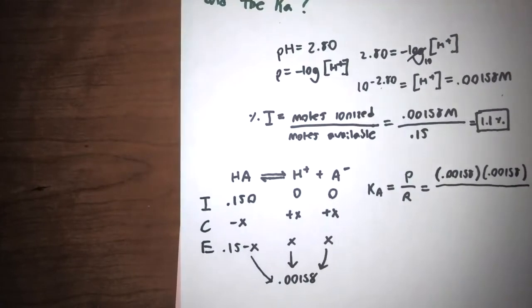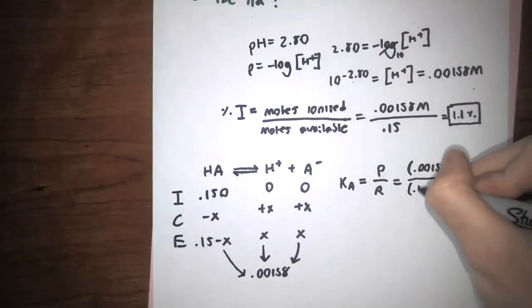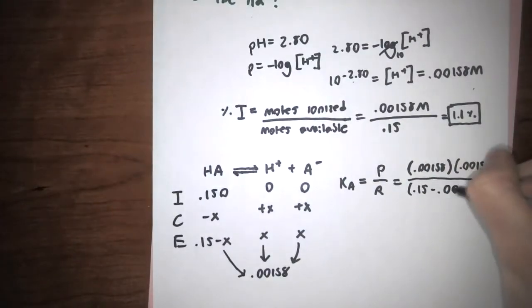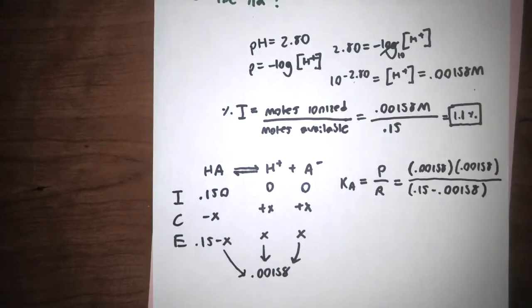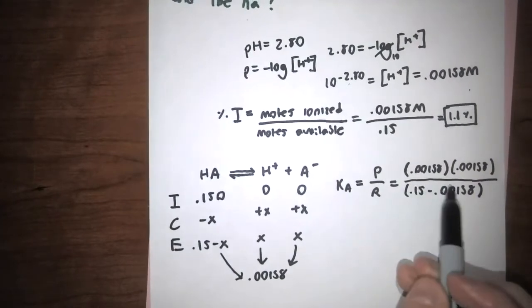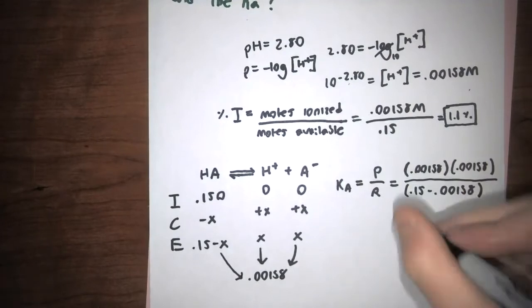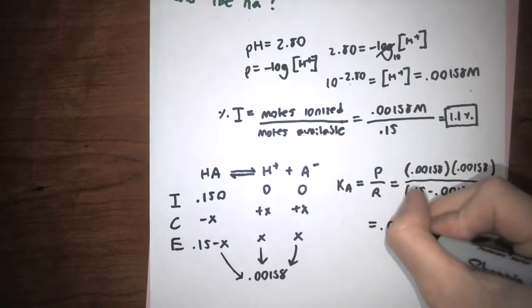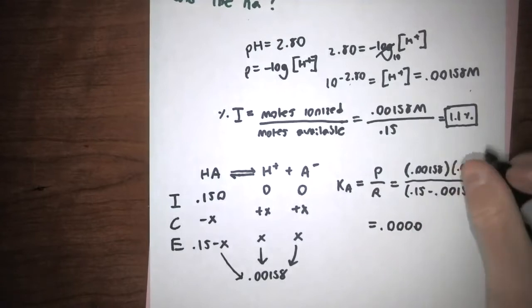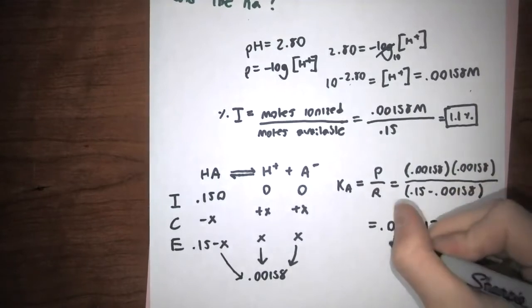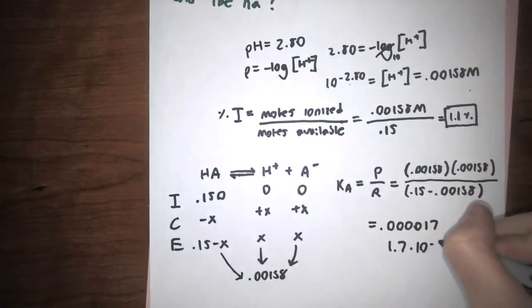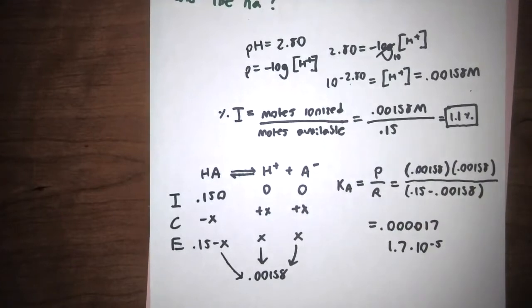Again, equilibrium, you guys should be masters of this. 0.15 minus my x. Now I can solve for Ka by running the numbers. No solver is needed. You can run the numbers, and you should get a Ka of 1.7 times 10 raised to the negative 5th.